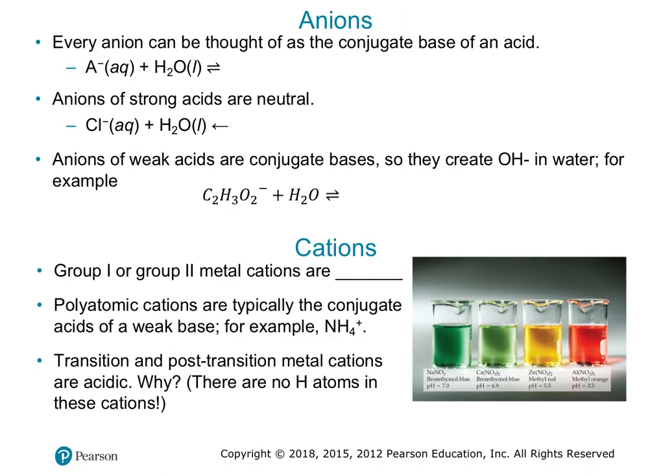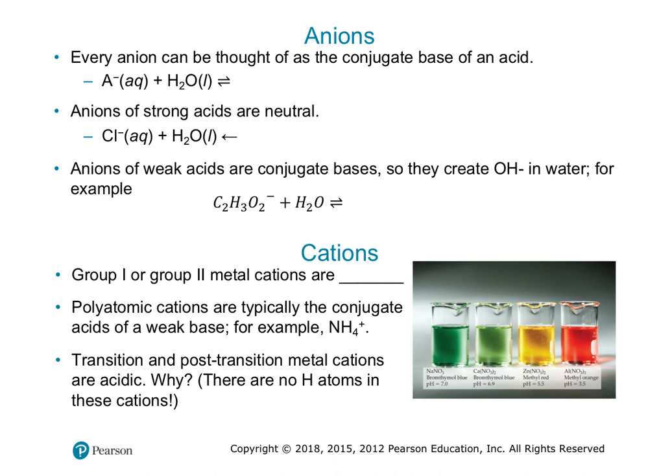So if I have an anion, basically think of every anion as a conjugate base of an acid. So I could have my anion with water to produce my conjugate acid, so the weak acid, plus OH-. So in this case, no matter what, I could theoretically have an anion create hydroxide.